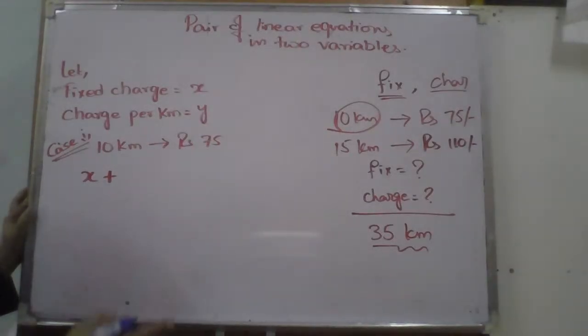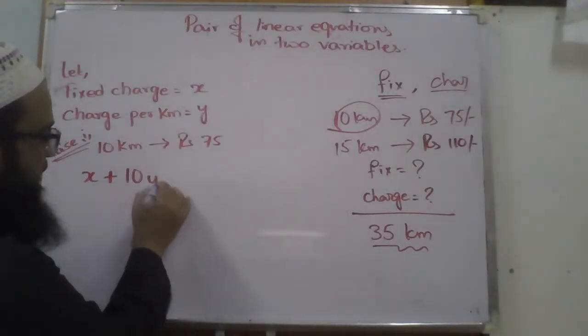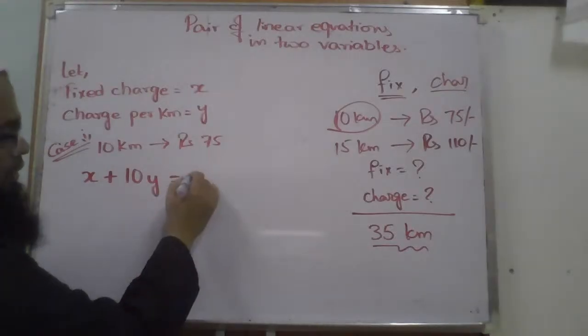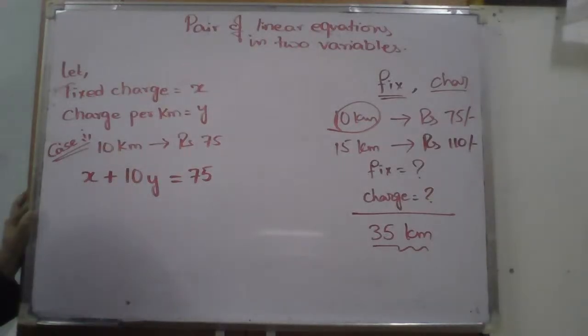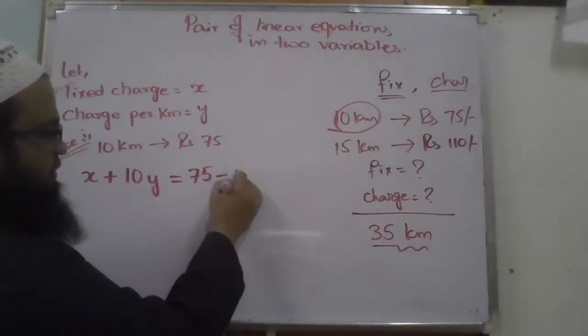So for 10 kilometers, the charge will be 10y. So x plus 10y is equal to 75. Did you understand, my dear students, how to change the statement into an equation? Is there any doubt? So this is the first equation.